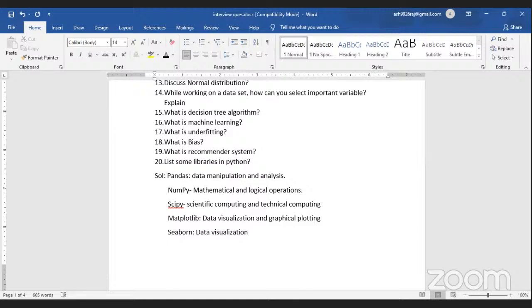And Scikit-learn is used for machine learning and statistical modeling. So these are some libraries which are commonly used in Python.